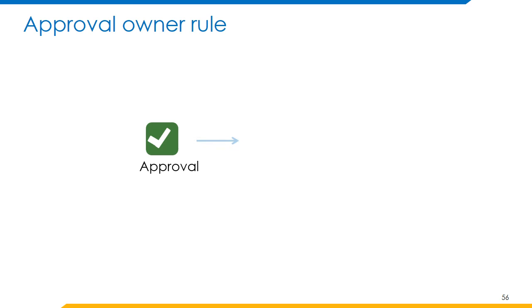Approval owner rule. Approval owner refers to the approver of an approval. The approval defined in the step is going to be submitted to the approval owner for a decision. The inputs to this rule are similar to inputs to any other workflow rule. The output expected is the identity object to whom the approval shall be sent.